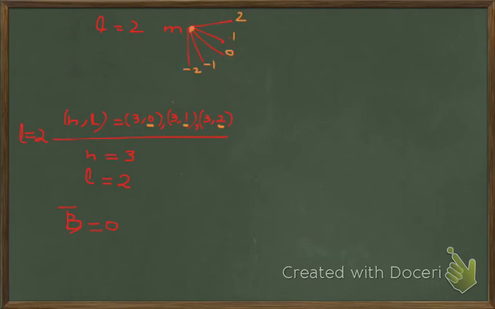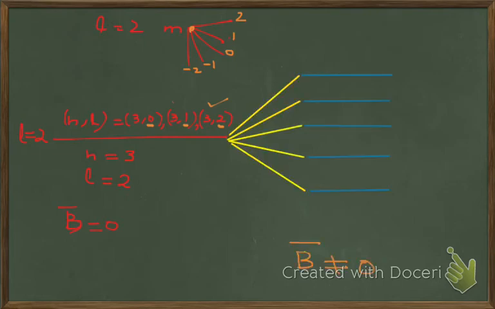So the level 3 2 will be split into 5 sublevels in the presence of a magnetic field. Here you can see the 5 levels are equally spaced.